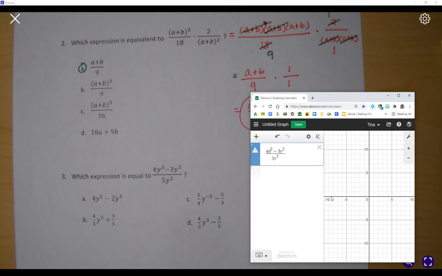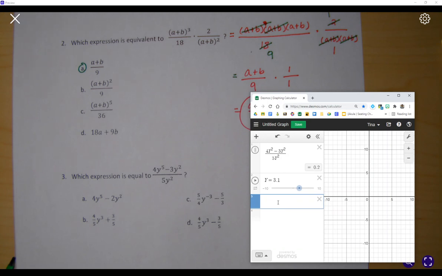So what I usually do in this case is go back and change it to a capital Y, because whenever you use x and y, it wants you to graph. So whenever you get the symbol, just go back and change those to capital letters, uppercase, and then press this, and then just change the slider. And then now you're going to plug in your answer choice and see which one gives you 0.2.